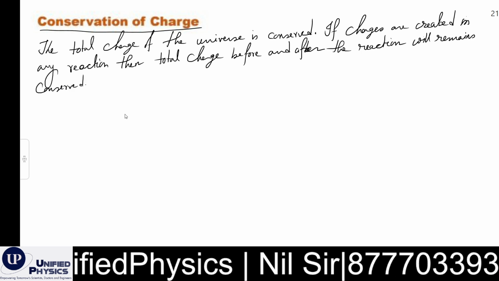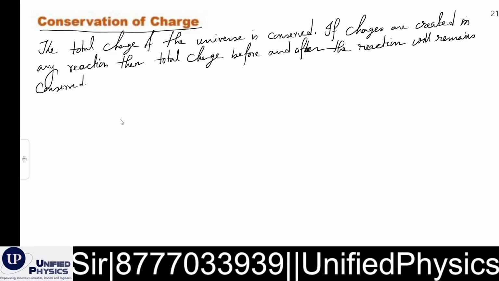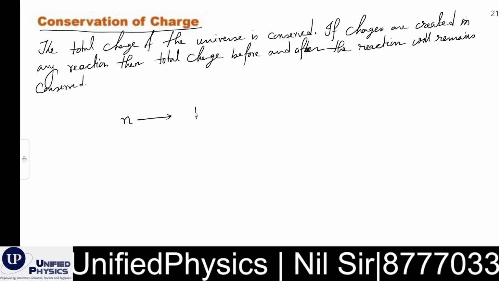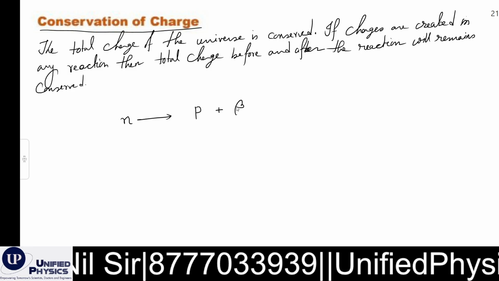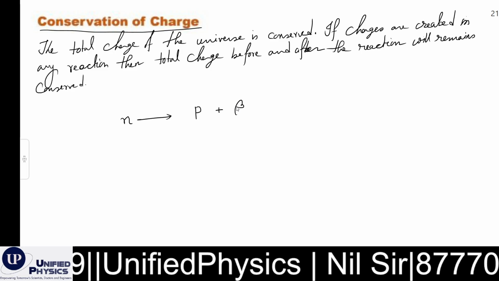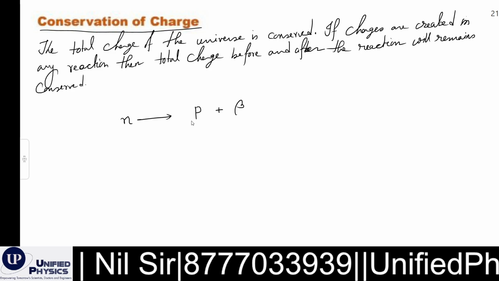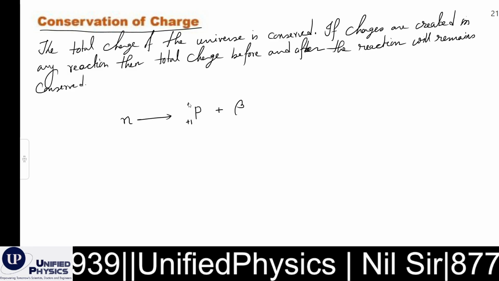For example, in a radioactive decay, a neutron can be converted to a proton plus a beta particle, right? So what is the charge of a proton? It is +1. What is its mass? Its mass is 1.